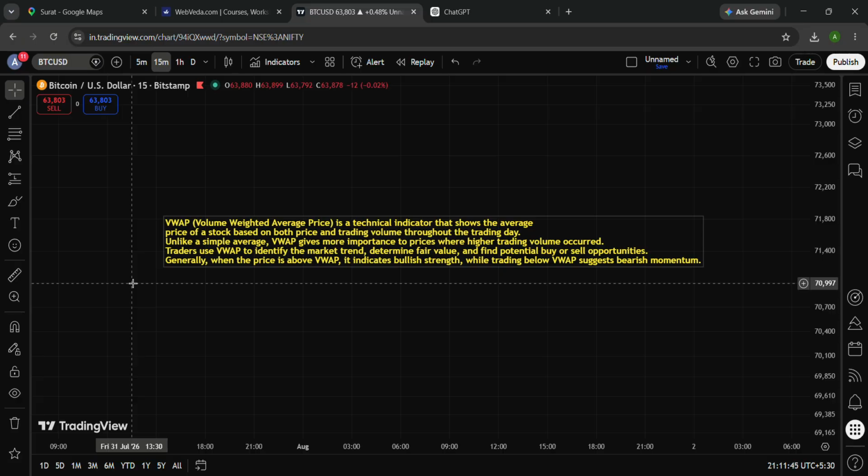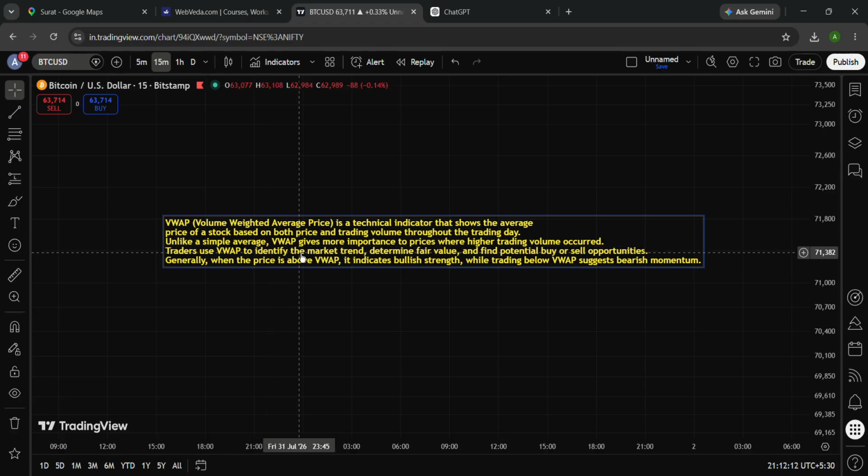So VWAP is simply a line, like SMA or EMA, which I will show you, and which indicates the proper volume, so when volume is high, you can place your trade according to it.